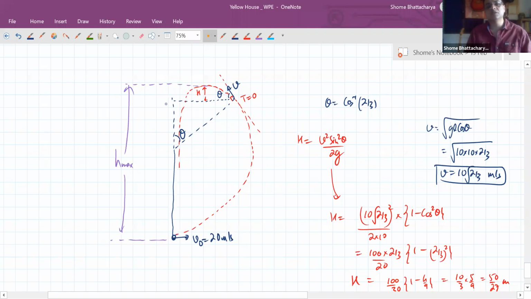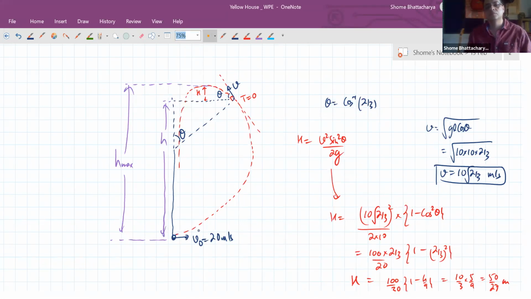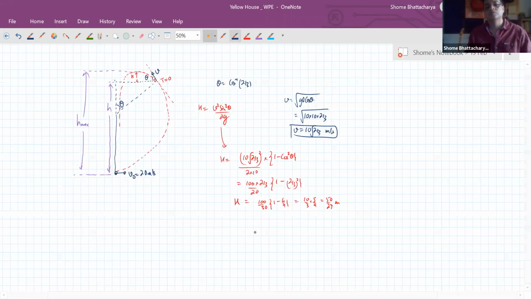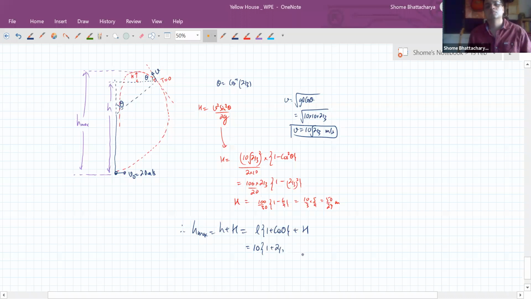That maximum height will be this height h, which we calculated earlier, plus this one capital H. So this will become the maximum height. 50 by 3 plus 50 by 27.